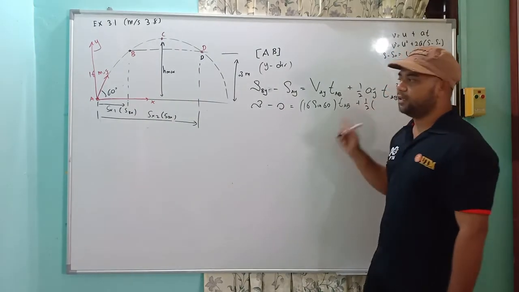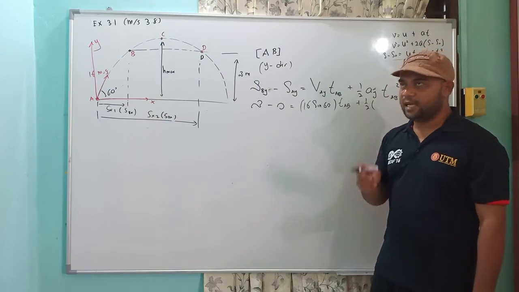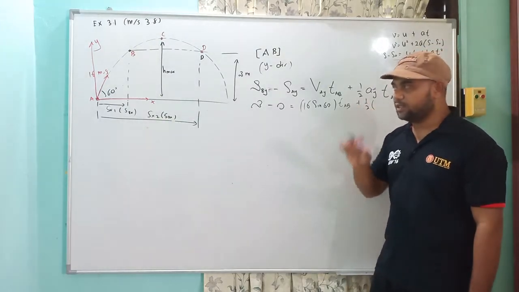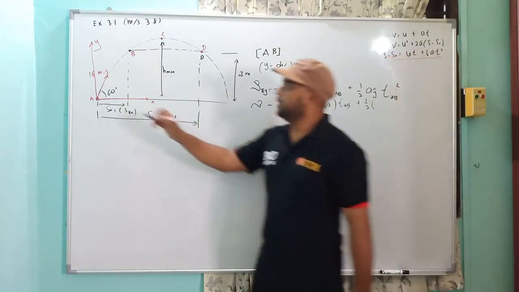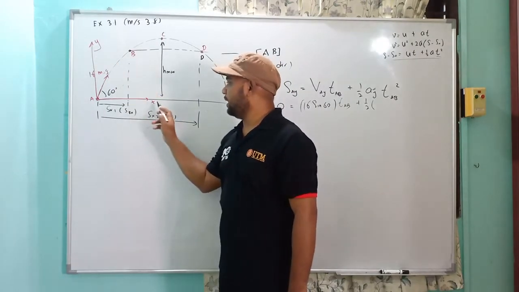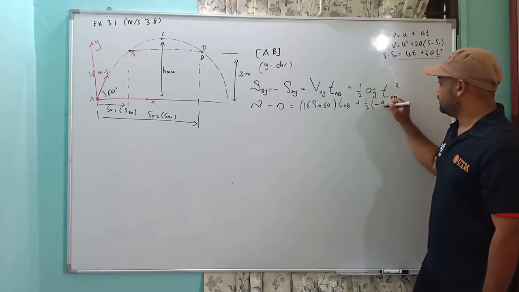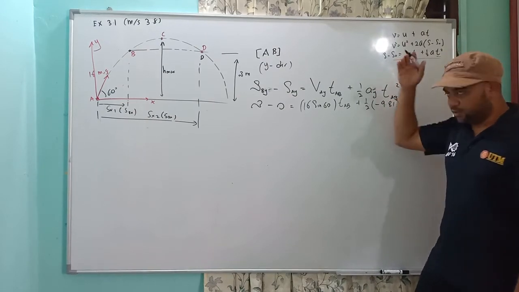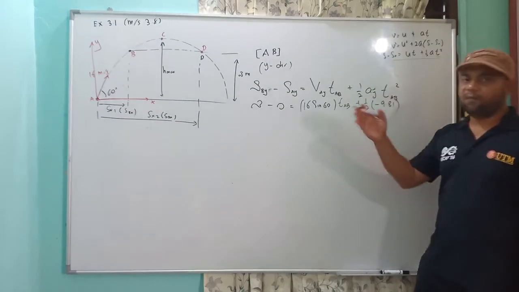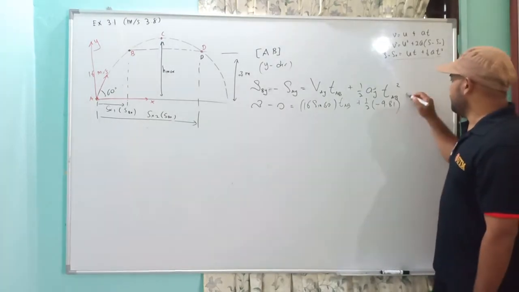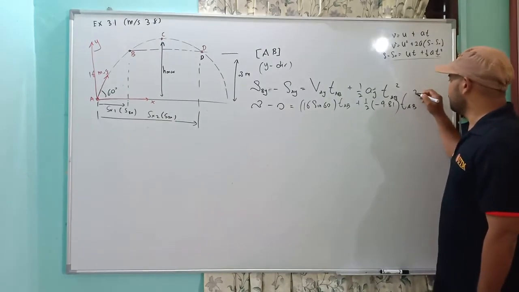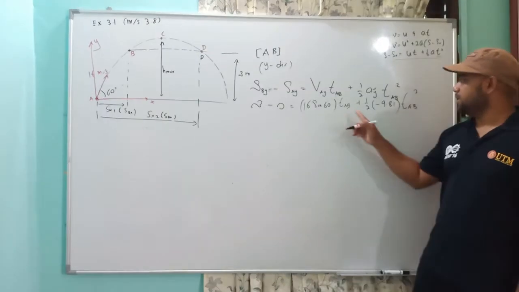We know that a is always 9.81 going downward, so our y positive upward, x positive to the right, so the value here must be negative 9.81 because it goes downward, opposite direction of y. And then we have tAB squared. So the only unknown here is the tAB.